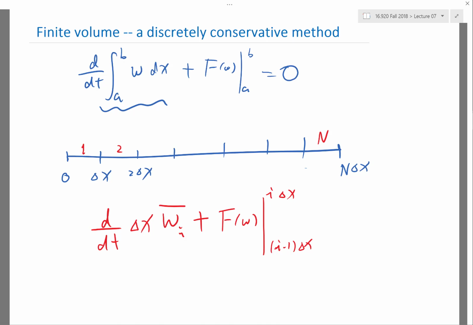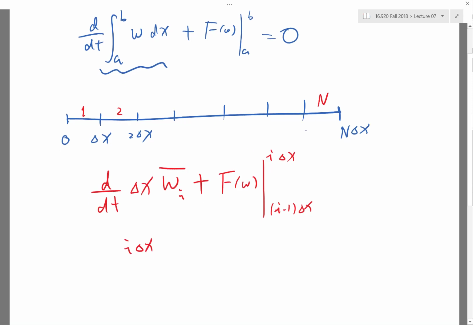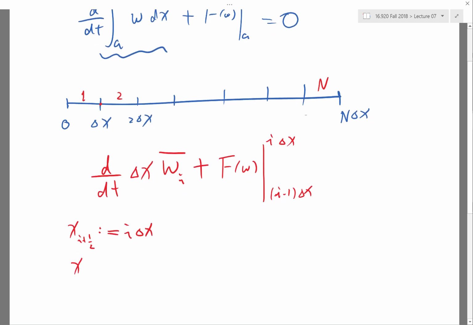In finite volume, the grid points no longer matter that much. What matters is actually the cells, or the volumes. So let's adopt a new notation. Instead of denoting i delta x as x_i, because i delta x is actually the right-hand side of volume i, let's denote it as x_{i+1/2}, while x_{i-1/2} is (i minus 1) delta x.